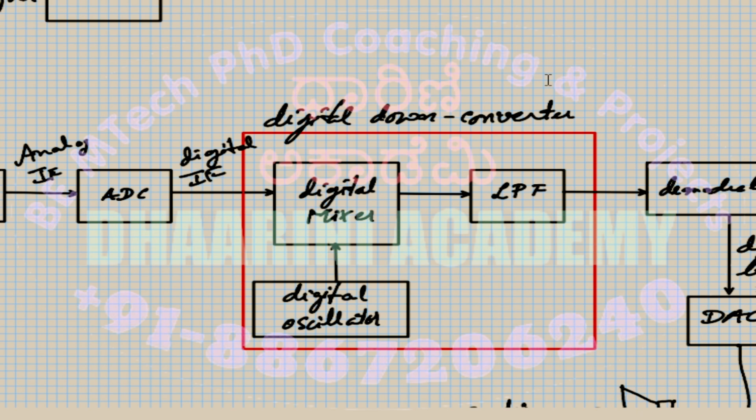If you refer to some of the books, you may find these terms, but ultimately they do a similar job, whether they call it up and down converter or interpolation and decimation. You are going to get similar outputs at the end of those blocks. You may see such blocks as well when you refer to other books.